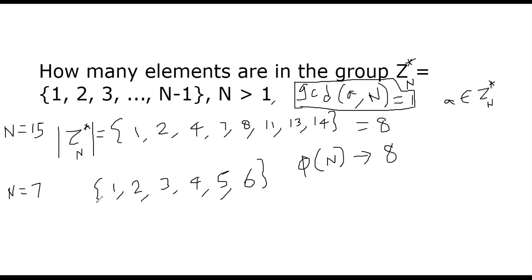Phi of n is nothing but n minus 1. So I'm going to use the notation p to show that if it is a prime number, the order of the group is easy, it's p minus 1. But if it's a composite number, we don't know how to compute it. And in this segment, I want to talk about computing phi of n if you know the prime factors of n. All right, let's get started now.